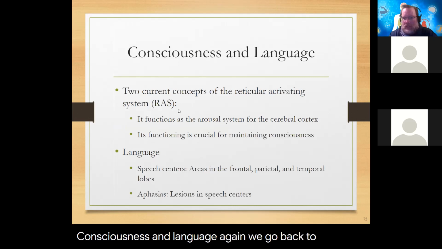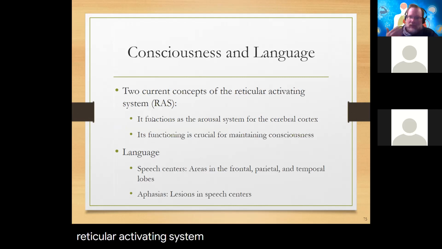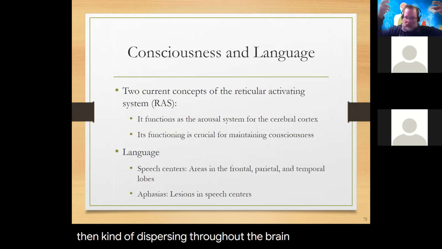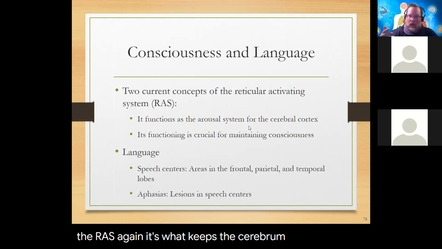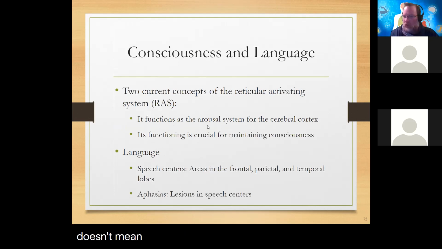Okay, and then consciousness and language. Again, we go back to that reticular activating system that's coming up, ascending, and then dispersing throughout the brain, and then motor and response going out. So, two current concepts of the RAS: it's what keeps the cerebrum aroused. This doesn't mean sexual arousal. It means awake. Aroused meaning awakened.